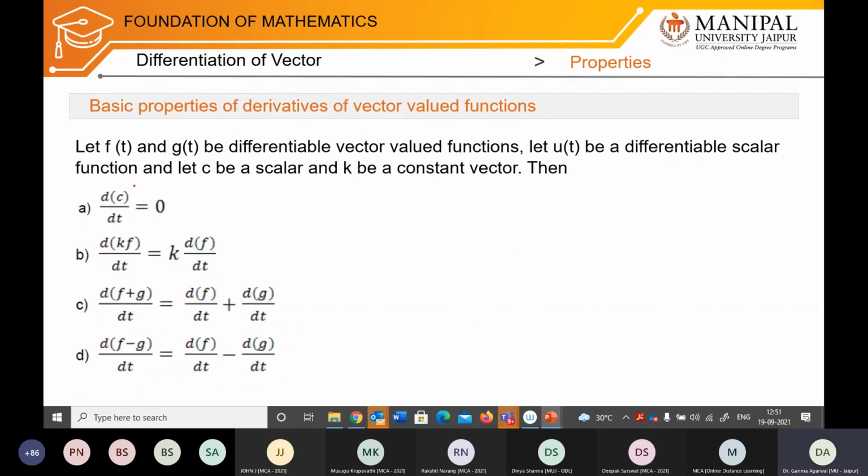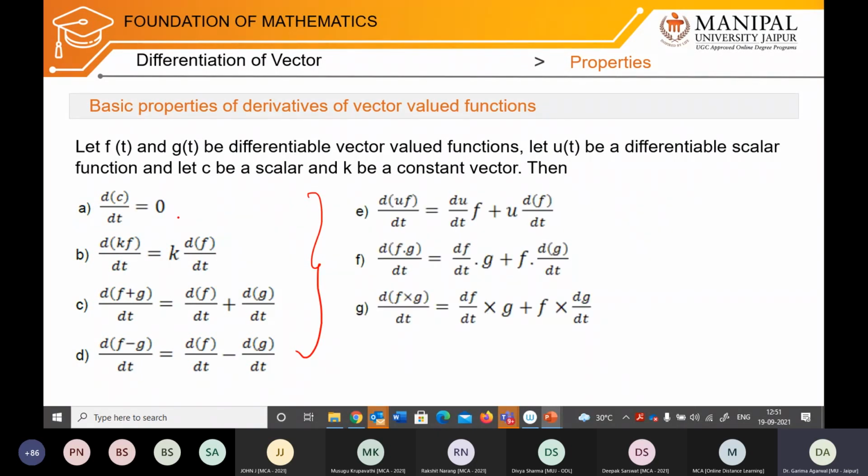Now the basic properties of vector differentiation. All the properties are like the normal derivative properties. If c is constant, then the derivative of c is 0. If k is any constant and f is any vector or scalar, we can take it out of the derivative.